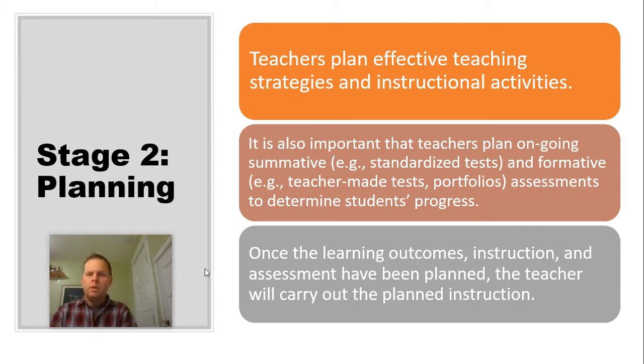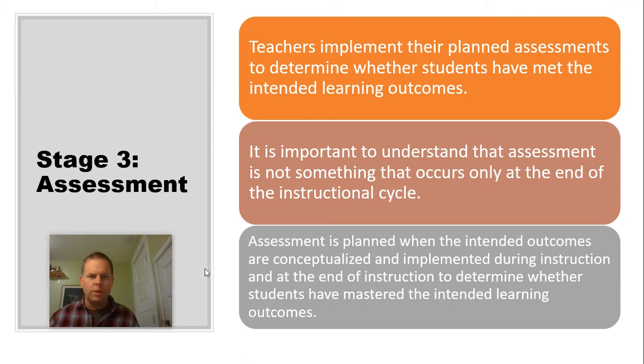And then once this planning is done, you carry out the planned instruction, and that will bring us into stage 3, which is the assessment stage. This is where the assessments that were planned are implemented to see if student learning and the learning targets or outcomes have been met.